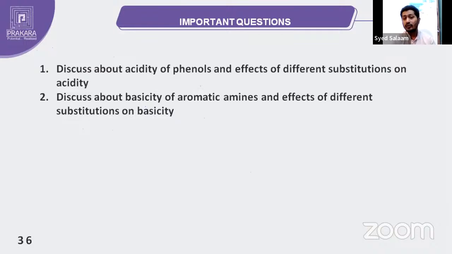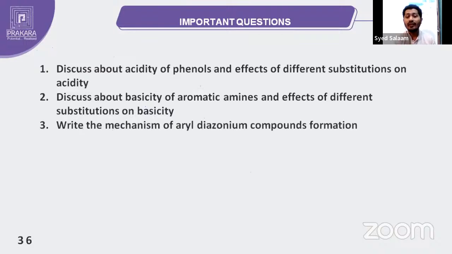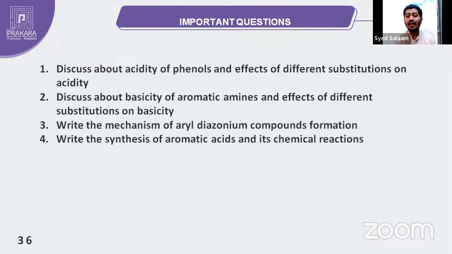These are also important topics. Apart from the carboxylic acids, there is the mechanism of aryl diazonium compounds, because these are also included in the second unit, then synthesis of aromatic acids and their chemical reactions.